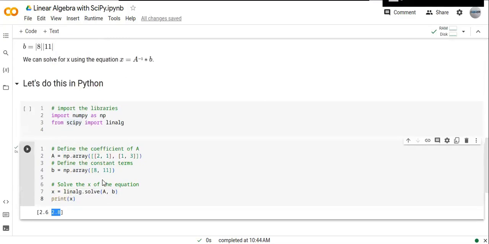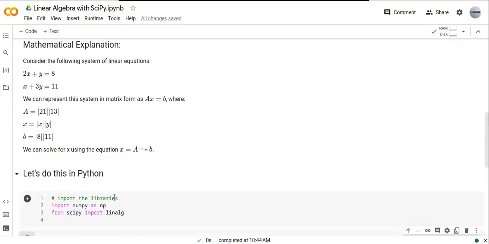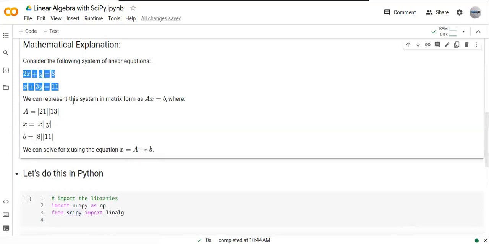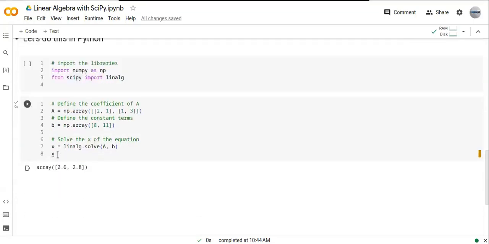This is very interesting. Yeah, 2.6 and 2.8. So we can easily determine the variable x, and once we found it, we can substitute the values of x and find the values of y. We can solve that using this equation.